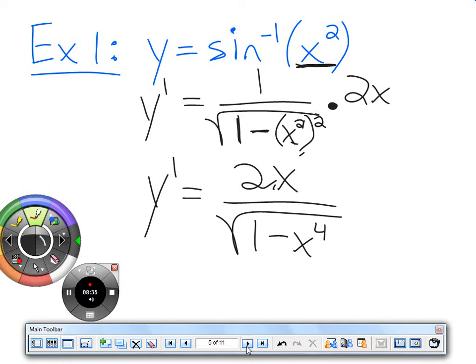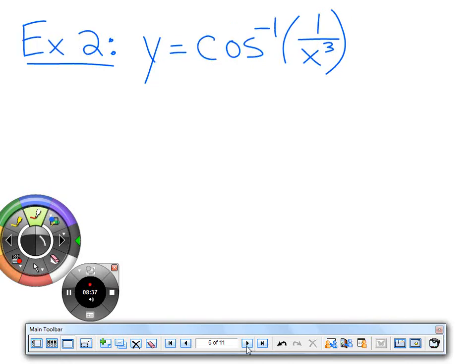All right. The next one is y equals inverse cosine of 1 over x cubed. So just find the derivative of that. I would say it would help to think of this quantity here as x to the negative 3, because you could pop it up to the top.